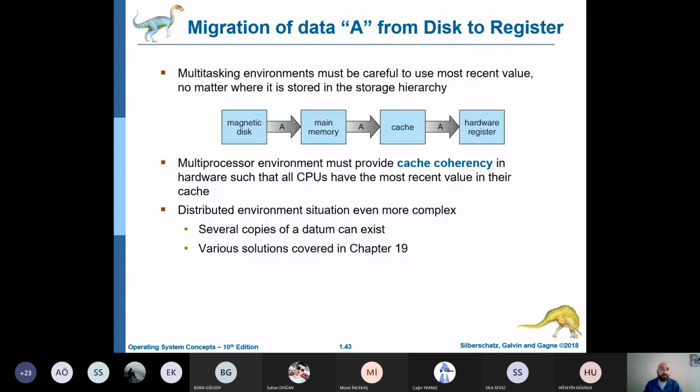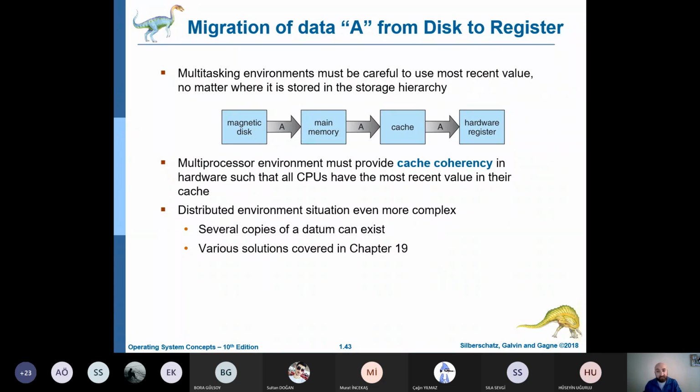So if we want to make an operation on A, we have to move it to main memory, then cache, then the hardware register. Thus, that means the copy of A appears in several places: on the hard disk, in main memory, in the cache, and in the internal register. We have different copies of the same integer, the same variable.